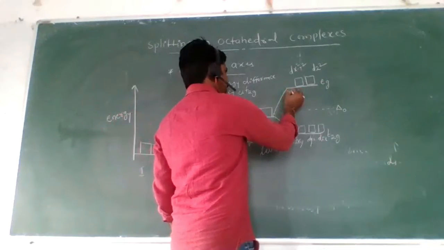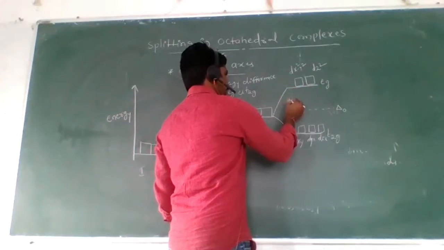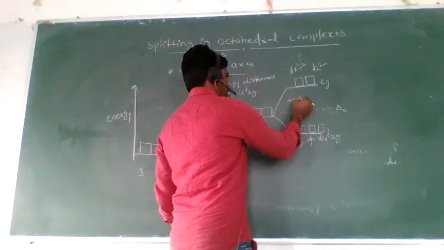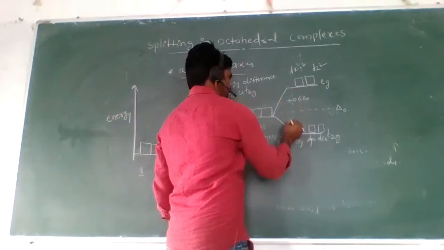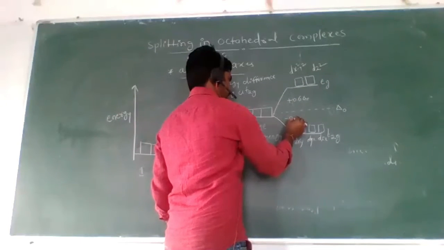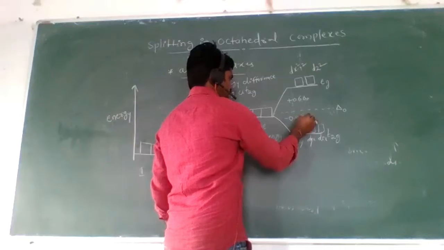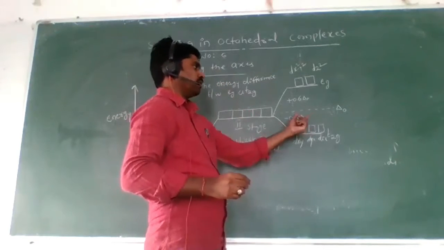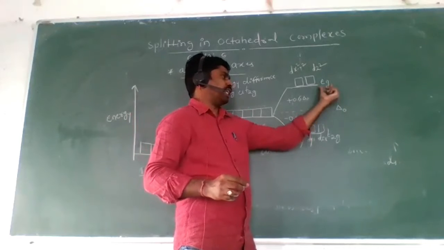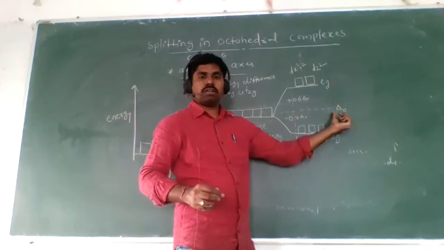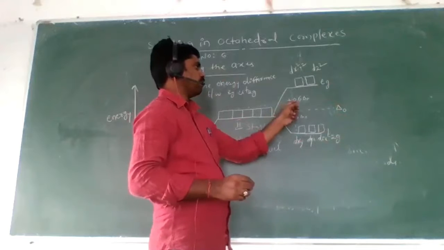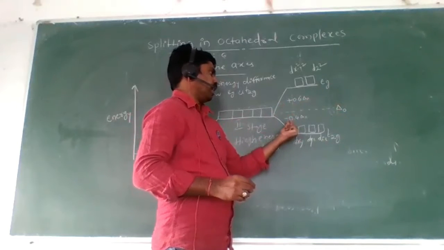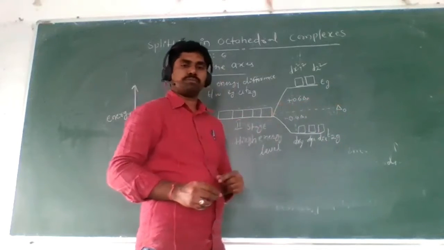Now see here, this is plus 0.6 delta naught. Is that clear? Now here I am at the minus 0.4 delta naught. So between these is the energy difference between the Eg and T2g, which we call delta naught. So what are 0.6 delta naught and 0.4 delta naught?